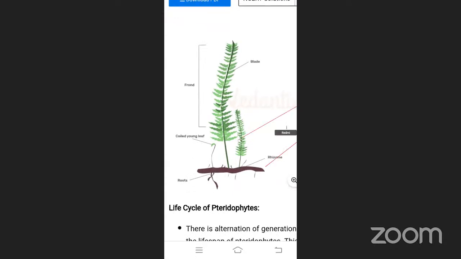The dominant stages are the sporophytic stage and the gametophytic stage. Both are free living and independent, and their life cycle alternates with each other. Alternation of generations means gametophytic generation and sporophytic generation.